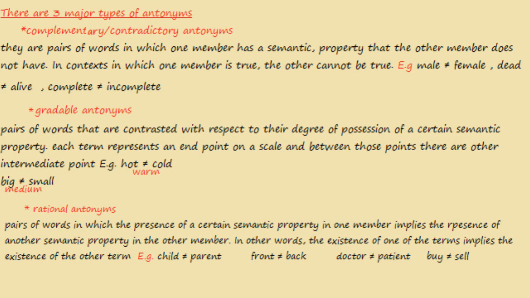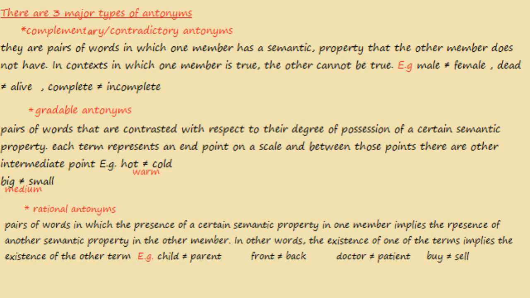Example, child and parent. There can't be a child without a parent. Doctor and patient. Buy and sell. If we don't have a buyer, there won't be a seller. This is as far as the three major types of antonymy are concerned.